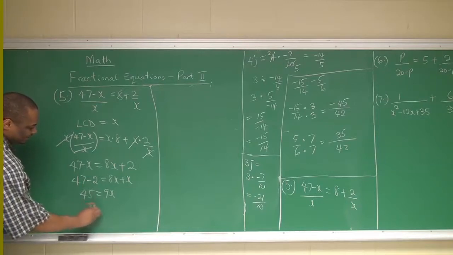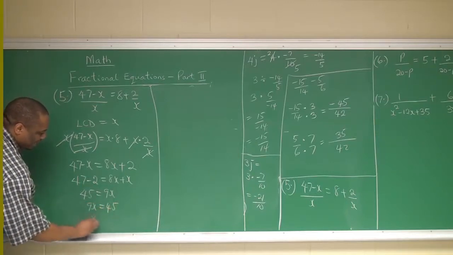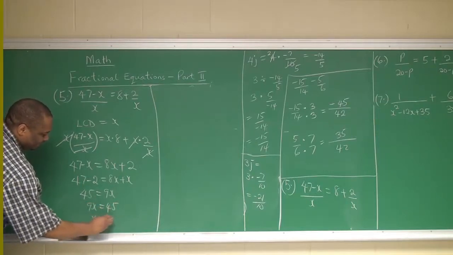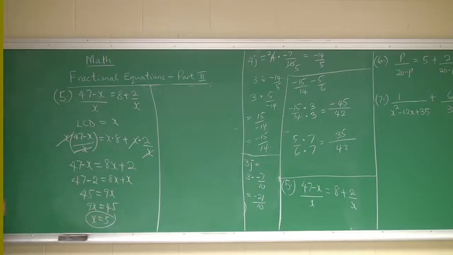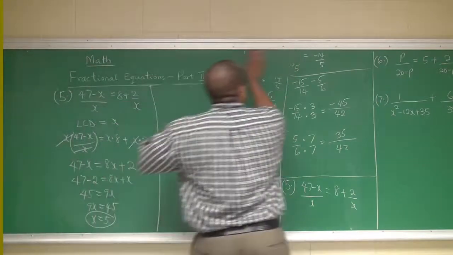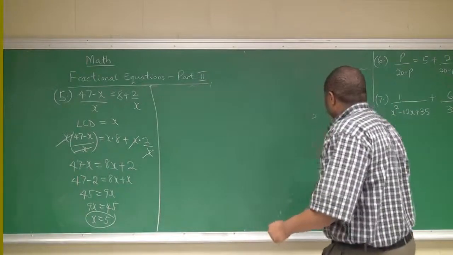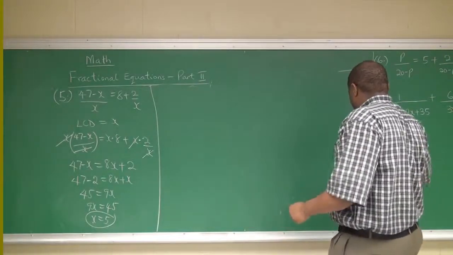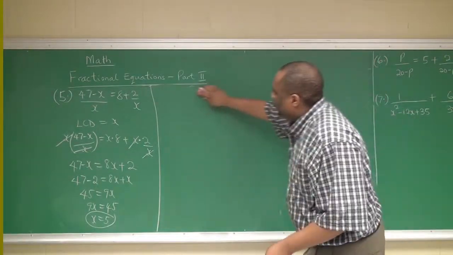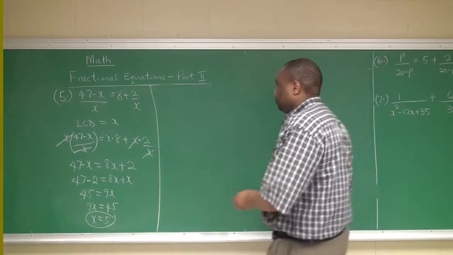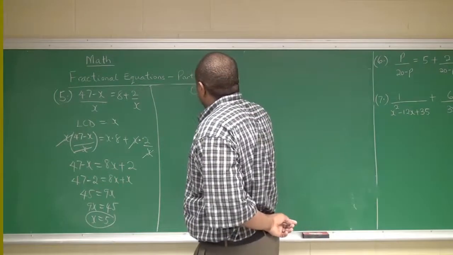So 9x is 45, and x is 45 divided by 9, 5. Do we stop here? No, we don't stop here. We have to check. So let's go ahead and check our work to see whether we are correct. So we check.